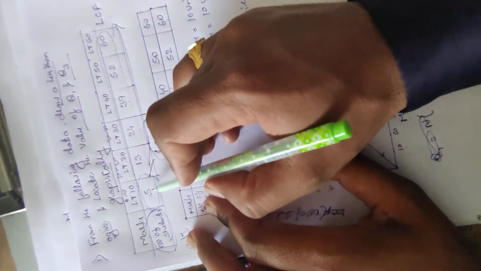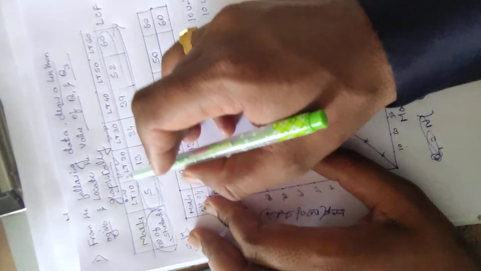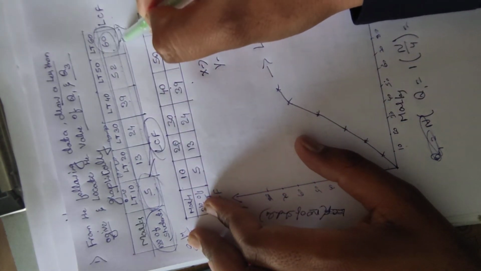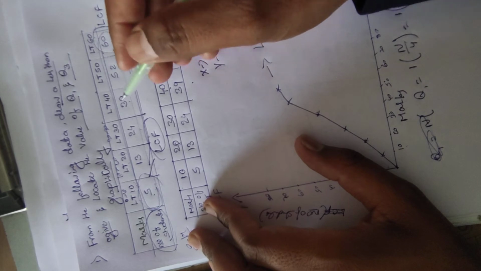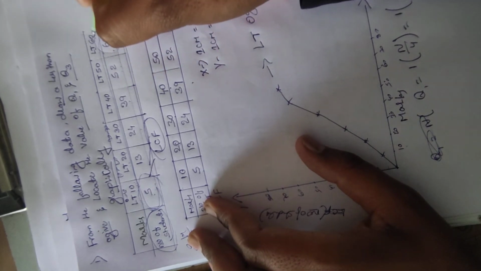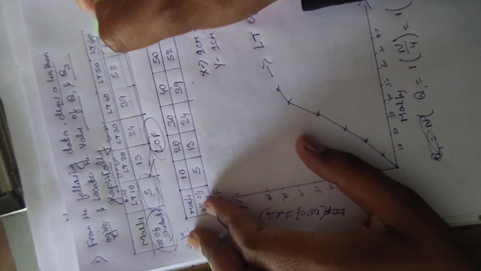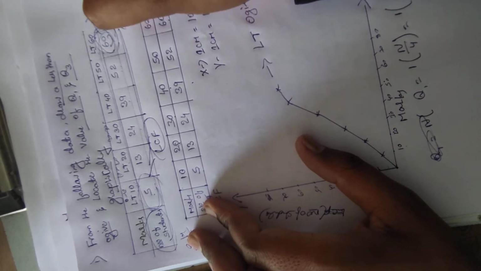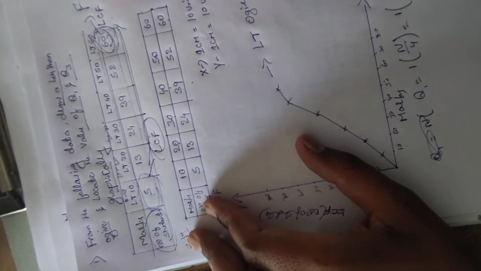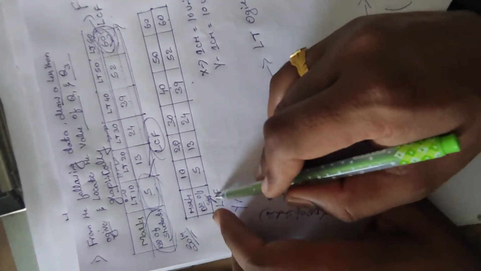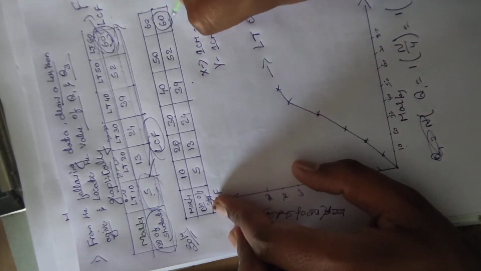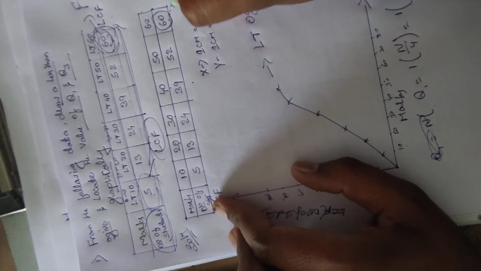If you make a total of the frequency, we will get the last value of the less than ogive, that is less than 60. The last value is called the frequency total.